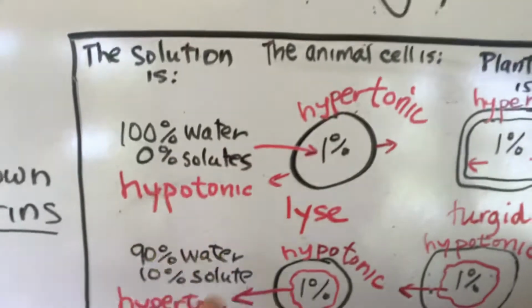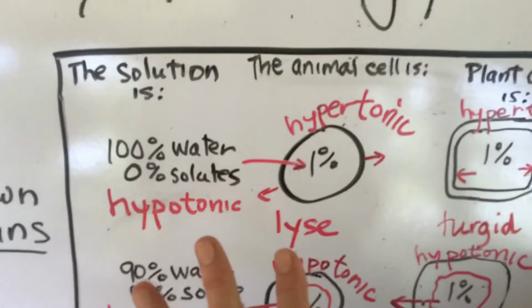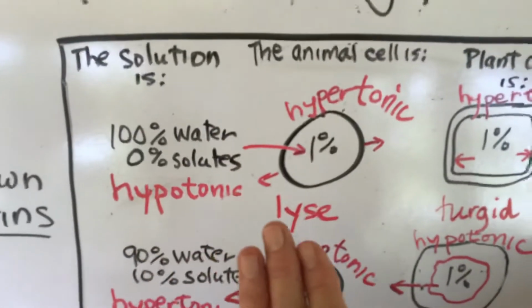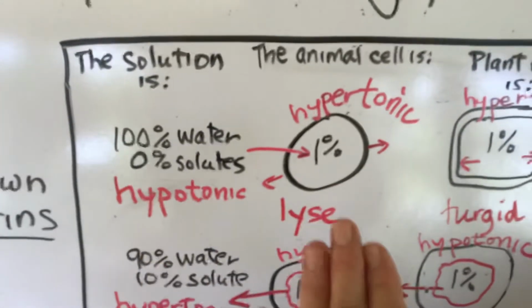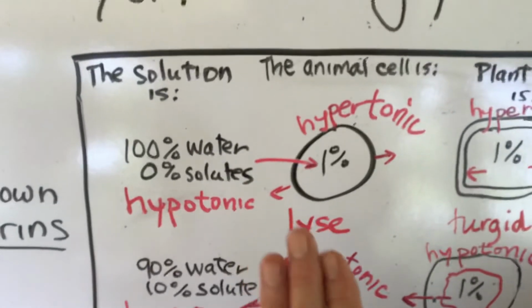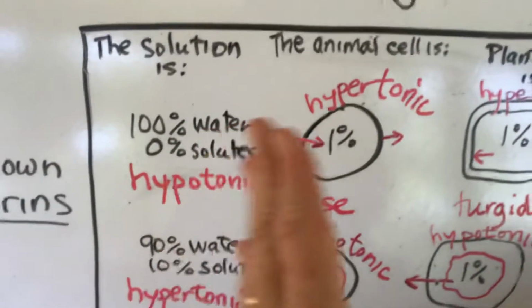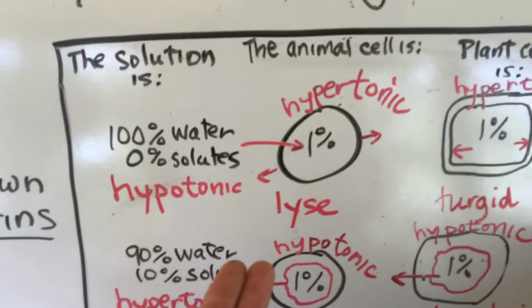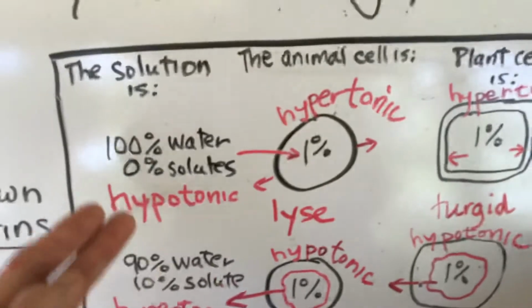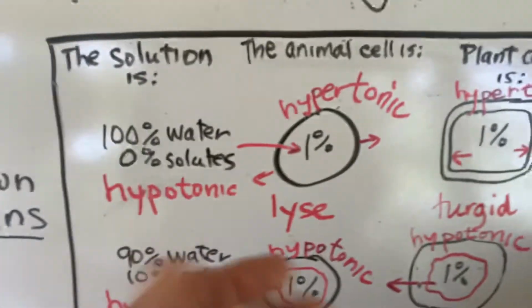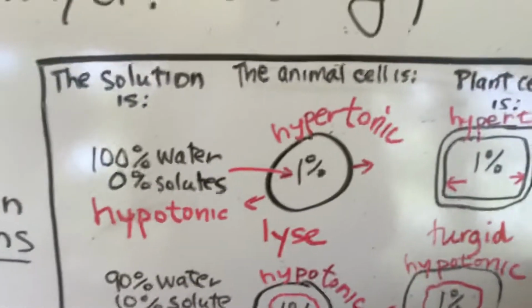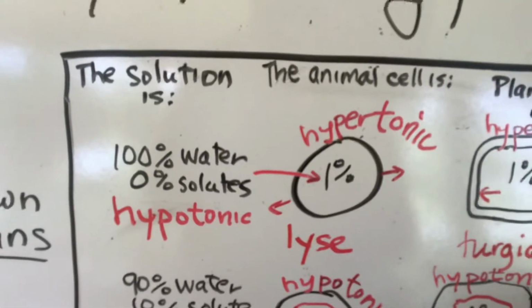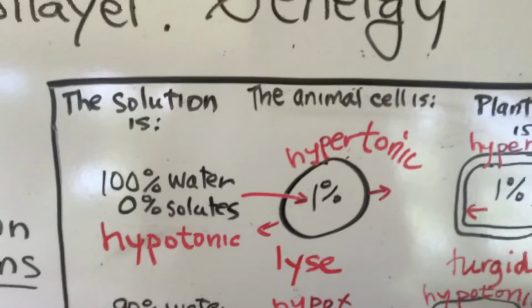So always in a situation where you have a solution compared to a cell or some other body of water, another solution, there is one side that's going to be hypo and one side that is going to be hyper if there's any movement of water happening. So you have to specify which side you're talking about when you use these terms.